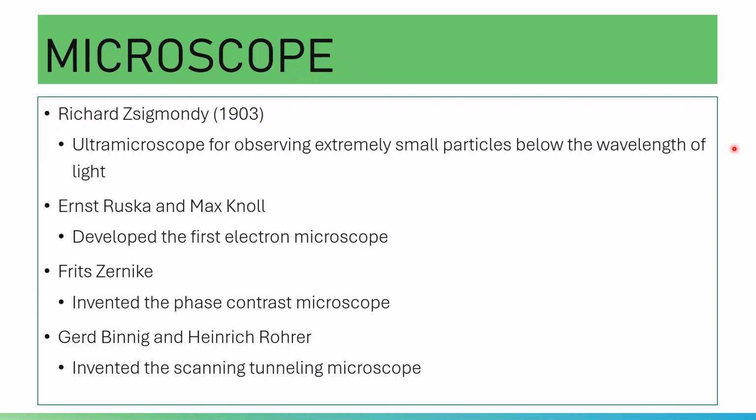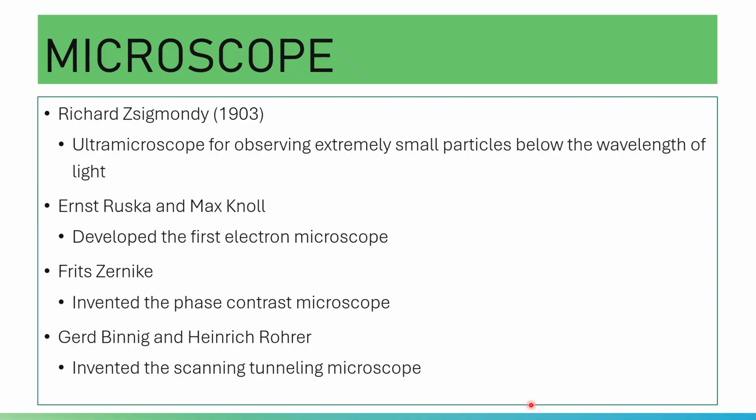Please note that for TEMs, or electron microscopes, the light source is not light. It is actually a beam of electrons. Ernst Ruska and Max Knoll invented the first electron microscope in the year 1931.